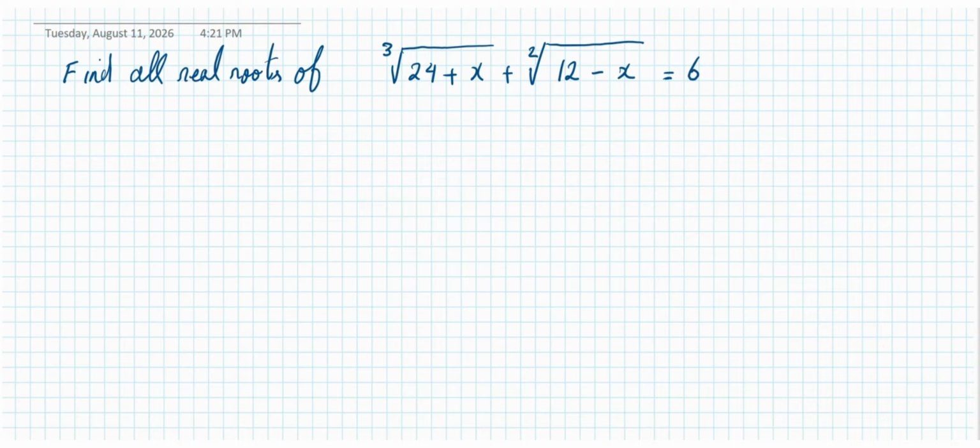But for the second term, the square root, 12 minus x has to be greater than or equal to 0, or x is less than or equal to 12. So this is the condition for the solution of this equation.